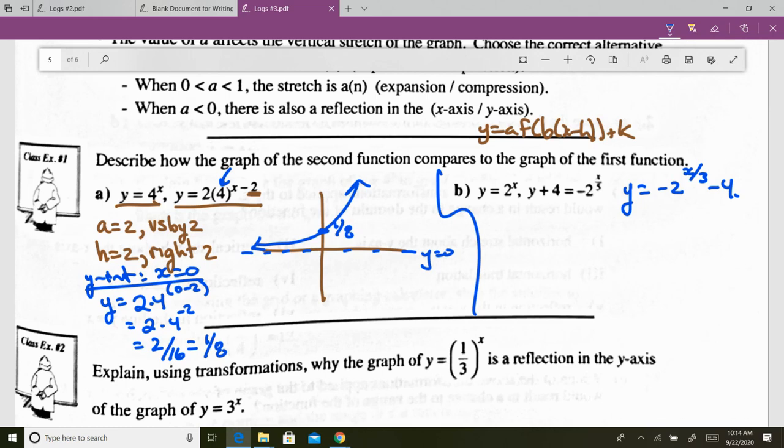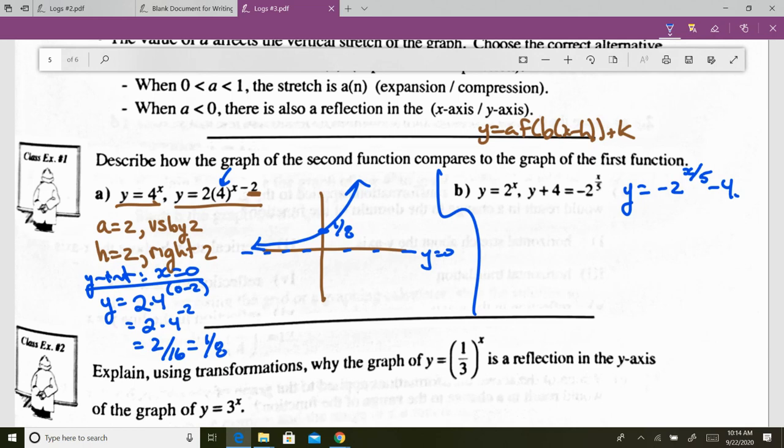What is your base? What's my base? 2. It is not negative 2.